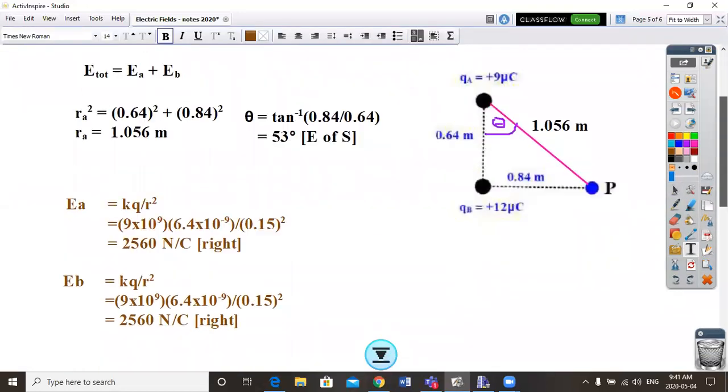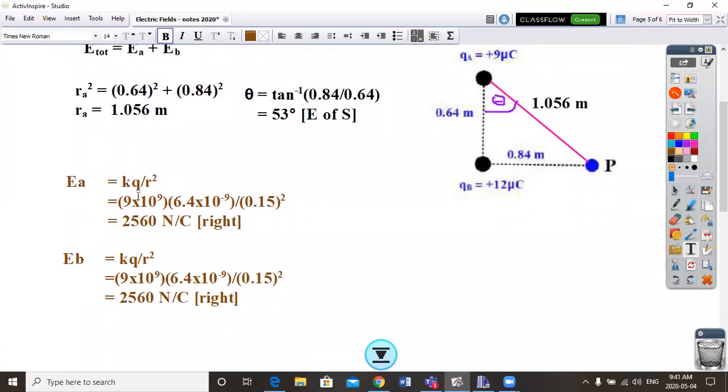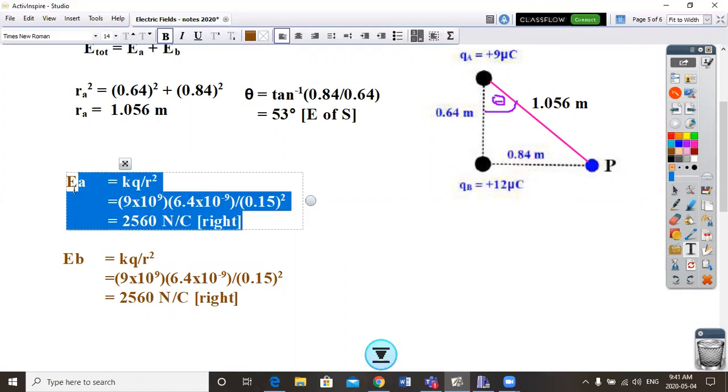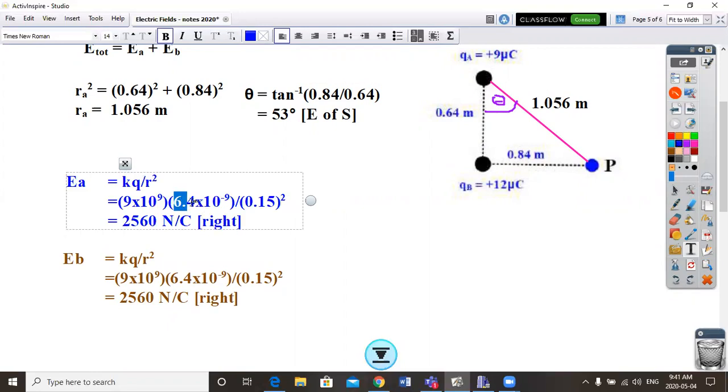QA is 9 microcoulombs, so that would be 9 times 10 to the power negative 6. And the distance at A is 1.056, so divided by 1.056 squared.